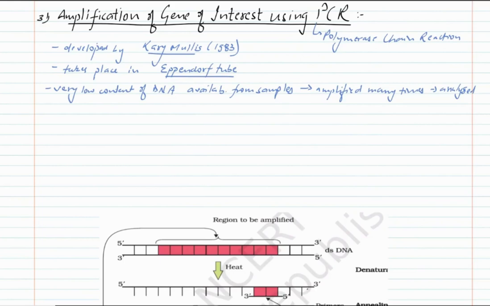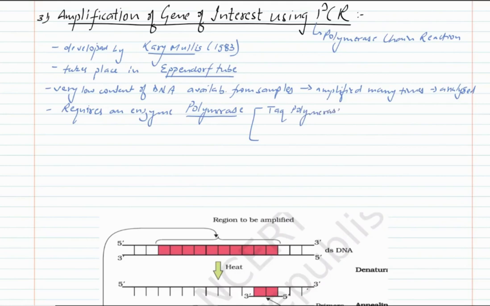This polymerase chain reaction requires an enzyme called polymerase. The most commonly used polymerase is a Taq polymerase.